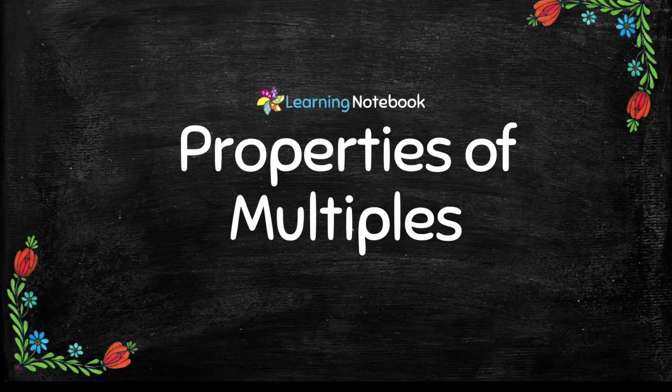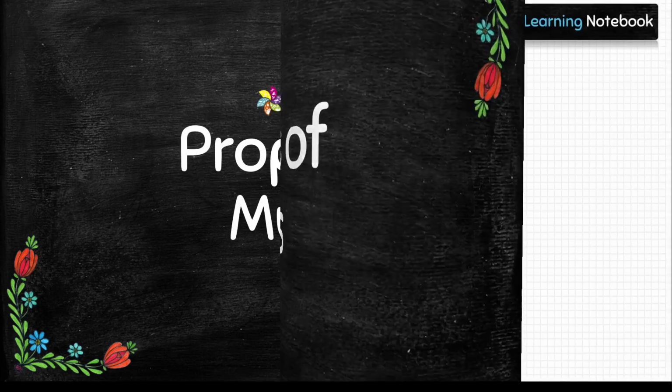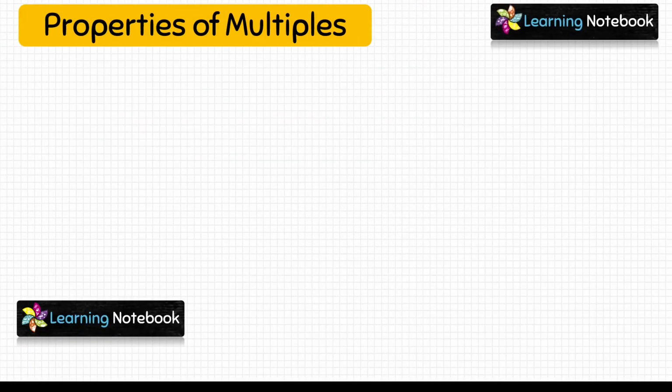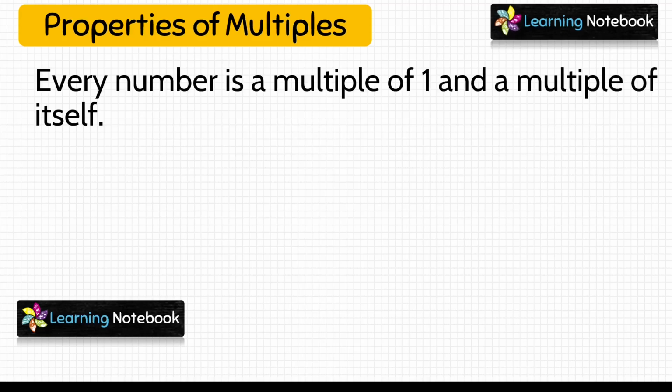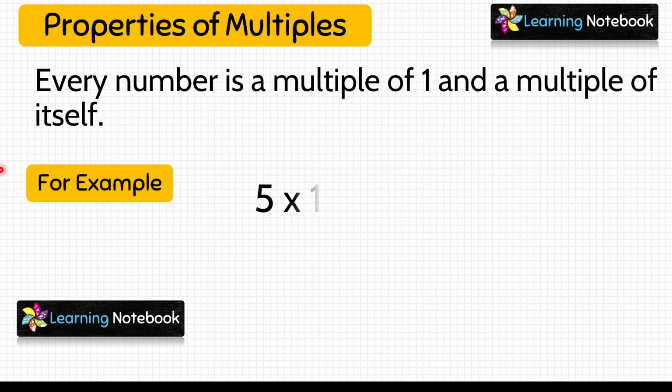Now let's understand properties of multiples. The first property of multiples is every number is a multiple of 1 and a multiple of itself. For example, 5 multiplied by 1 equals 5.